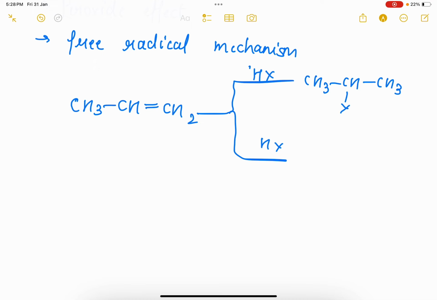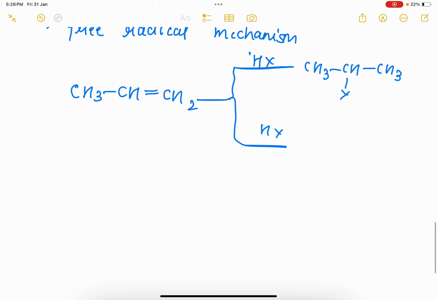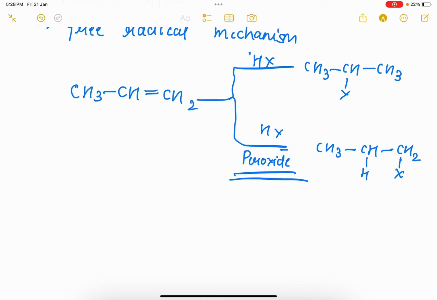But according to anti-Markovnikov, in the presence of peroxide, the hydrogen goes to that carbon which contains less number of hydrogen. So the hydrogen goes here and halogen goes here. This reaction follows free radical mechanism in the presence of peroxide.